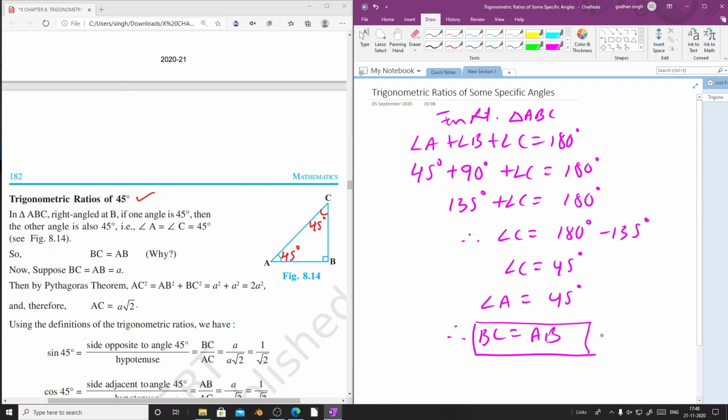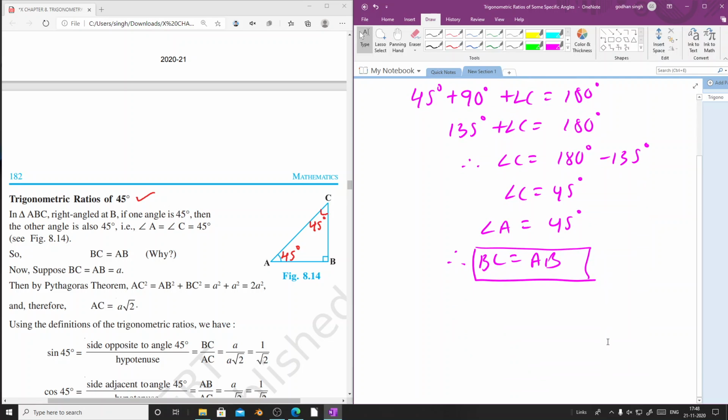Suppose let us take the length of BC as A. So the length of AB will also be A. Now this is a right triangle, so we can apply the Pythagoras theorem. In right triangle ABC, angle B is 90, so opposite to angle B we get the hypotenuse, that is AC.